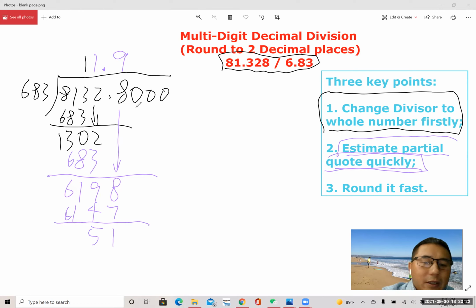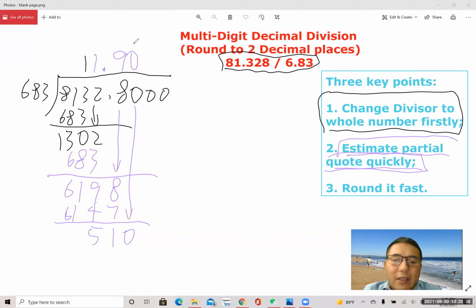Now let's let this 0 go down to make 510. But we know 510 is less than the divisor. So suppose the quotient here is 0. And also be noticed that here we already go to the hundredths, means the second decimal place.